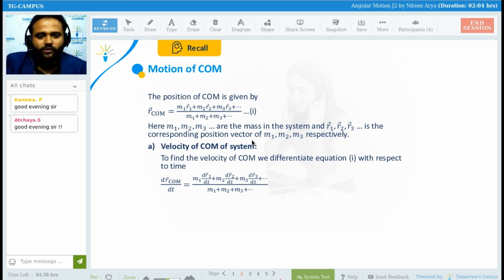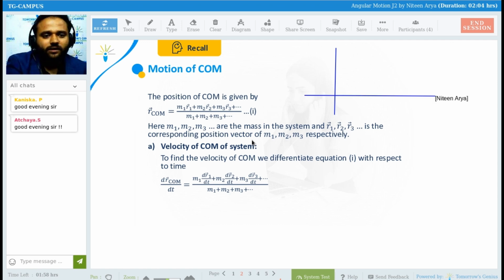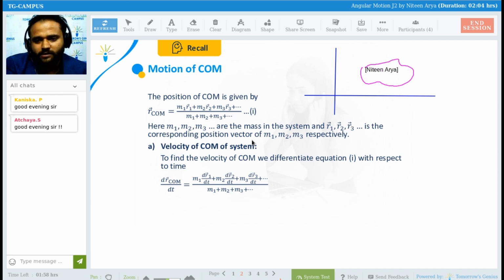Like we did this thing, it is a recall. Motion of center of mass is already there. Motion of center of mass states that if we have n number of particles, in any particular body which is discrete, and we have this many particles, we need to find a center of mass, which is an assumption, a point at the center.